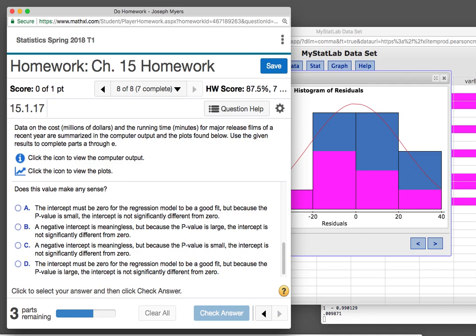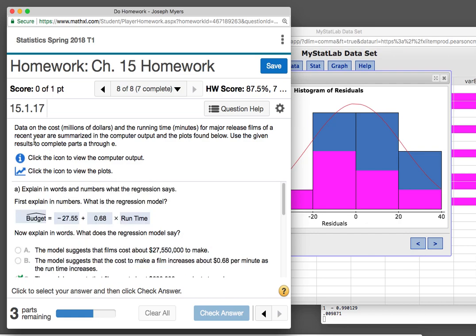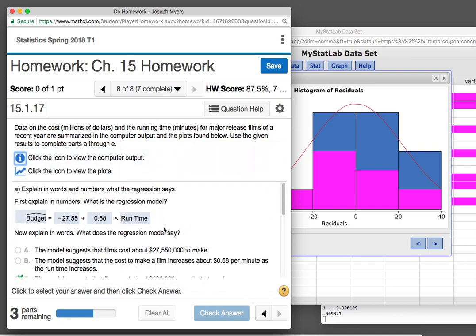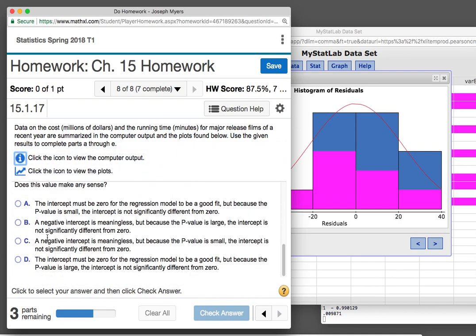Doesn't make any sense, but let's look at the output again. So the p-value of the intercept is more than 0.05, so that intercept is not really as significant, and it also doesn't make any sense. So it's meaningless, and because the p-value is large, it's not necessarily significantly different from 0. So it might actually cost $0 to have a video that was 0 minutes long.